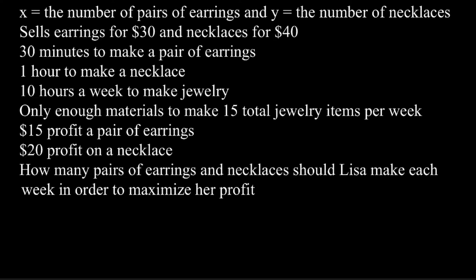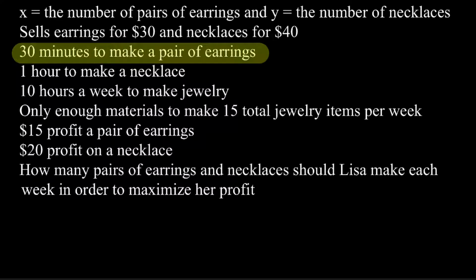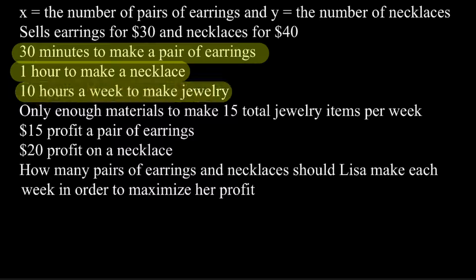All right, now we'll go over writing the equations for these. So I see right away that I've got a situation where we have 30 minutes to make a pair of earrings. Let me highlight that with a yellow. 30 minutes to make a pair of earrings, 1 hour to make a necklace, and 10 hours a week to make jewelry.